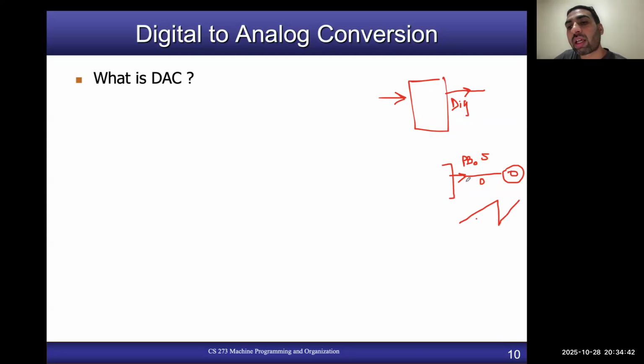Why? Because I can generate only two voltage levels, either 0 or 5, on the output. I cannot generate anything in between, like 2.5 or 3 or 4. That's why I first need to convert the output generated by the microcontroller into analog form, and then connect it as an input to the motor.